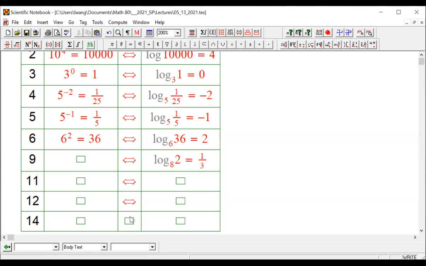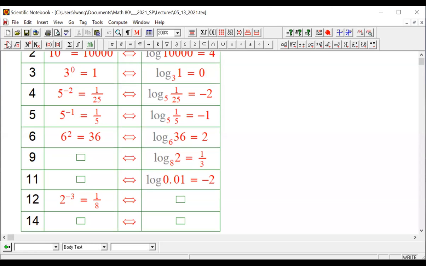Okay, so I put them in place. Number 11, we have a common logarithm, log 0.01 equals -2. We did this one earlier. Number 12, we have 2 raised to the power of -3. This is not unfamiliar.